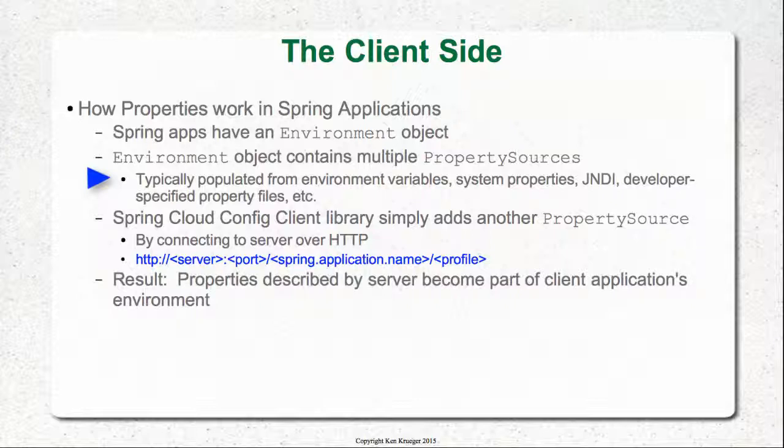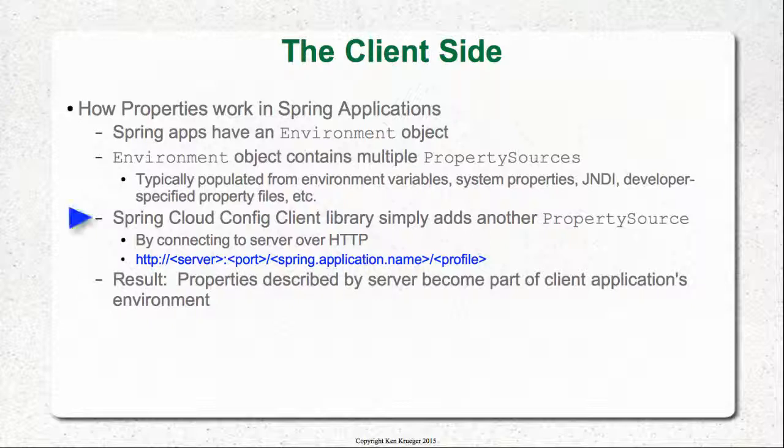And if you're running in a Java EE application server, any JNDI things that you have specified. What most developers are familiar with when working with Spring is specifying their own property sources to pick up their own external property files. But it's important to know that Spring also has property sources from these other places as well.